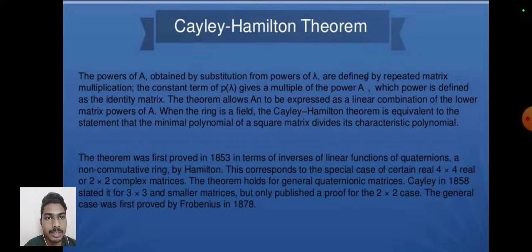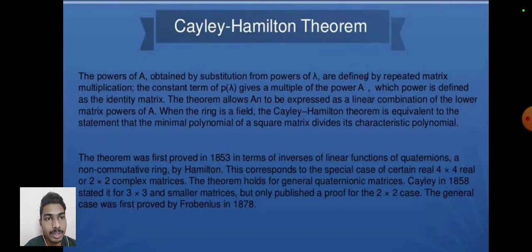The theorem was first proved in 1853 in terms of inverses of linear functions of quaternions, a non-commutative ring, by Hamilton. This corresponds to the special case of certain real 4 by 4 or complex 2 by 2 matrices.